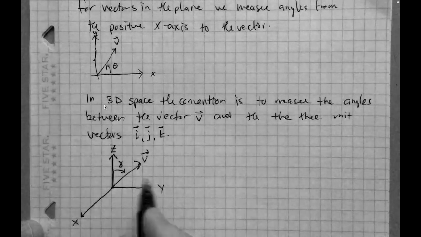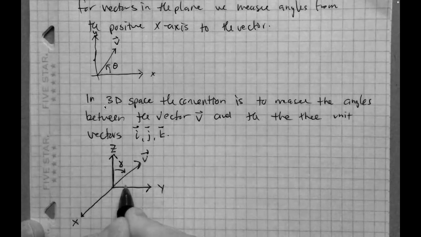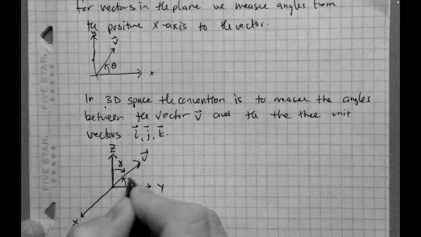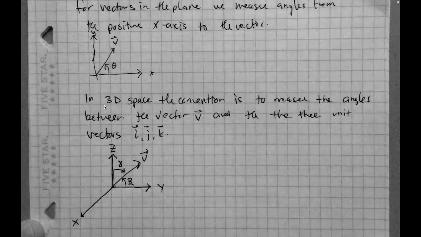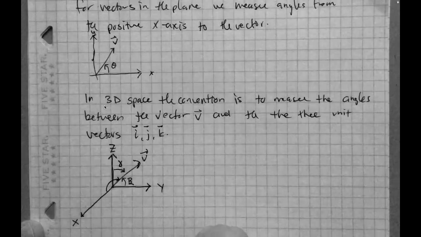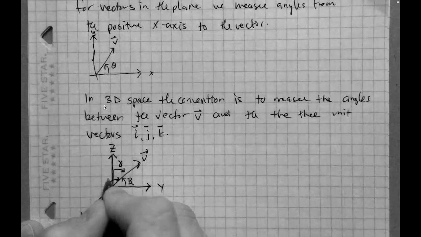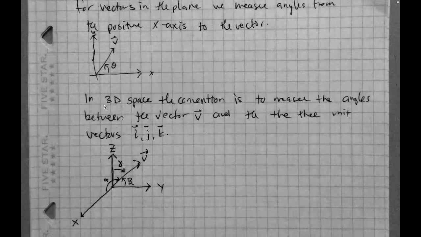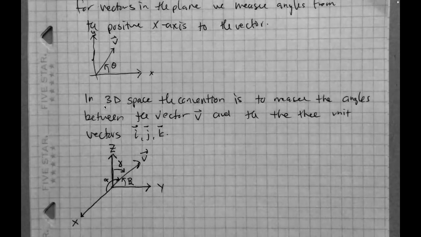The angle relative to the y-axis, we denote by beta. And the angle relative to the x-axis, we denote by alpha. Now this is a terrible picture. It's very hard to see what's going on because it's 3 dimensions, but that's the idea.